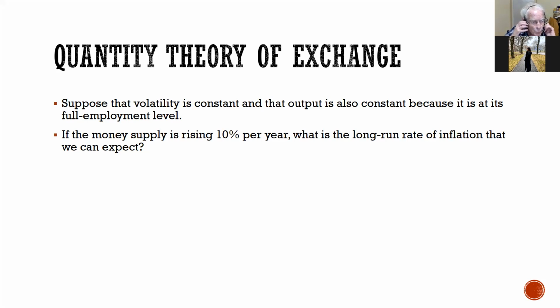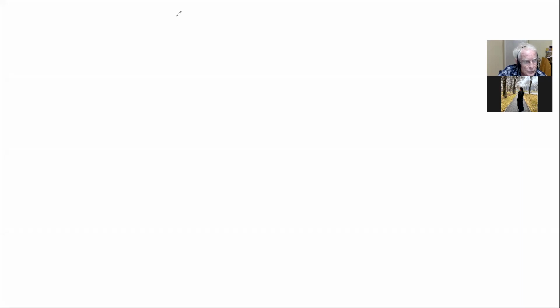So let's begin with chapter 19, which delineates the quantity theory of exchange. You may remember a relationship between spending and income.